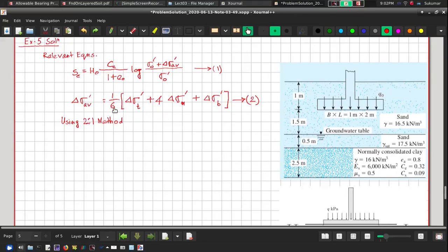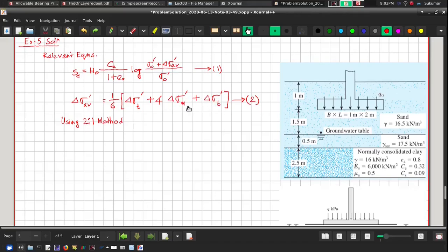you remember that the average stress increase within the clay layer, the stress increase in the clay layer is different at different depths. It is maximum at the top and minimum at the bottom, and therefore the average effective stress increase due to the foundation loading can be taken as 1/6 of increase in stress at the top plus 4 times increase in stress at the middle and increase in stress at the bottom.